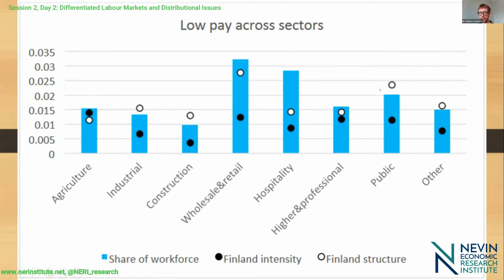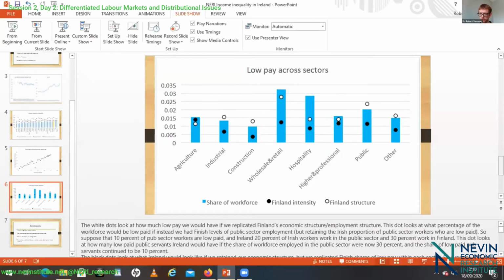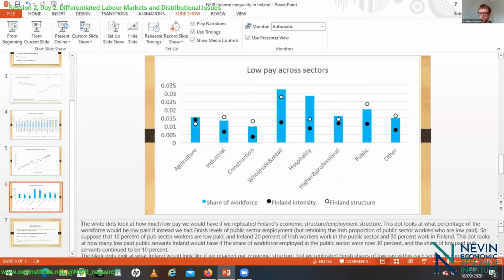So what I mean by that is, and let me just get to my original screen here, because I have some notes and it's kind of tricky to explain off the top of my head, to be honest. So this dot here looks at what percentage of the workforce would be low paid if instead we had Finnish levels of public sector employment, but we retained the Irish portion of the public sector who are low paid.